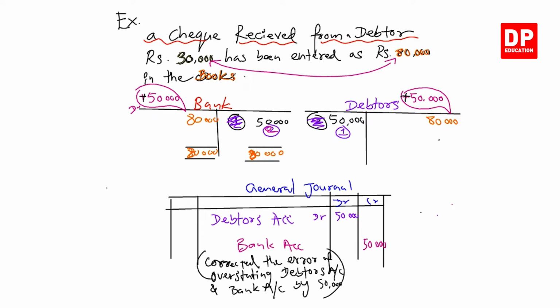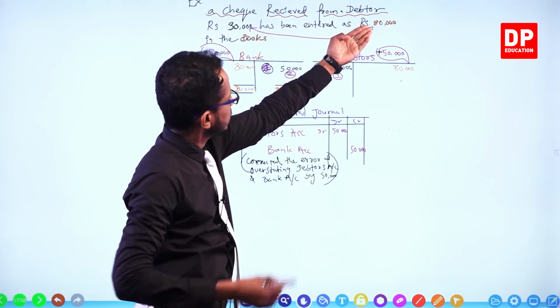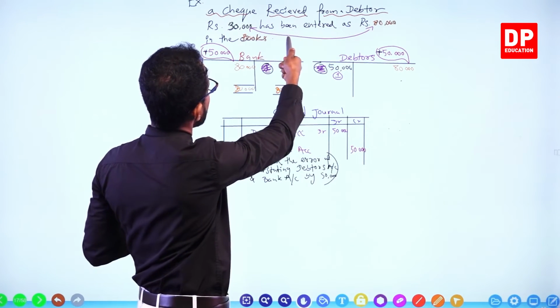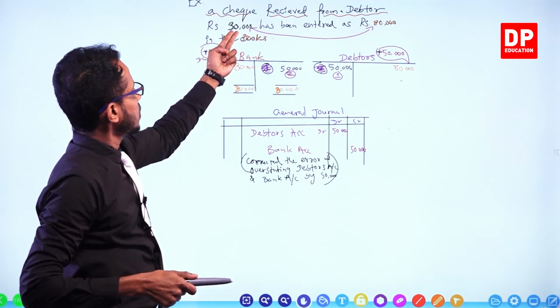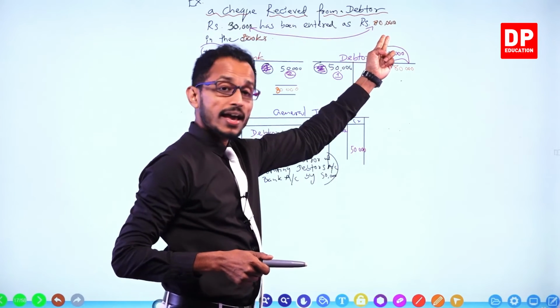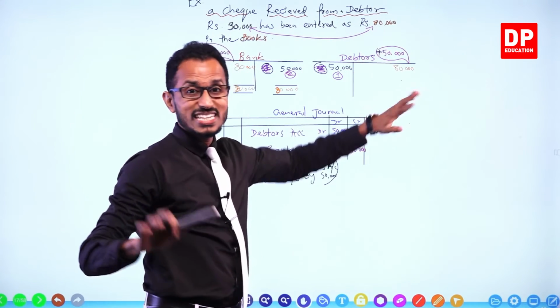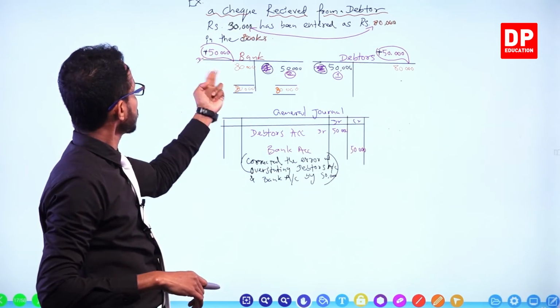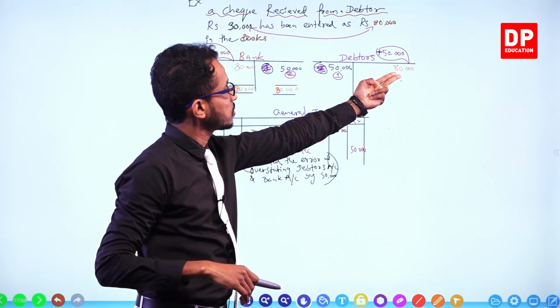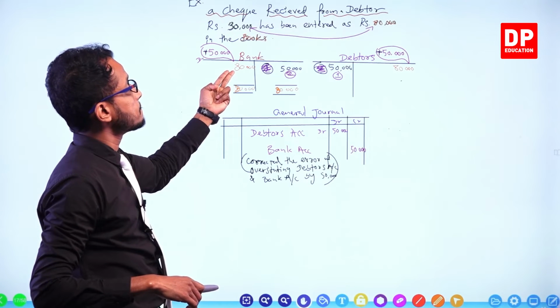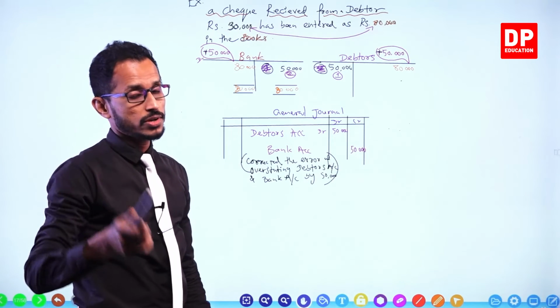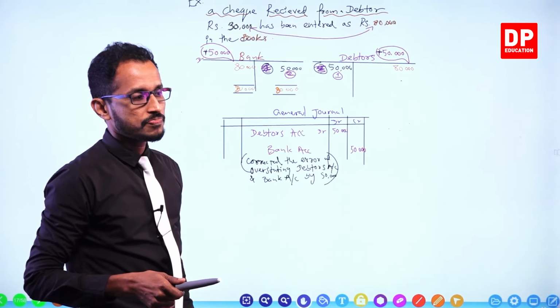You have the example, a check received from a debtor, 30,000 has been entered as 80,000. So a lesser amount but entered a very high amount in error. That is shown in the accounts. How was this transaction recorded with the mistake?